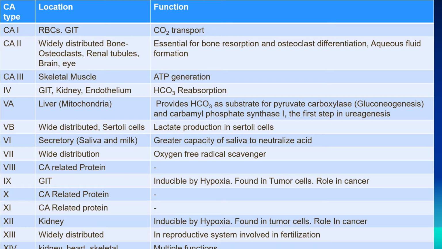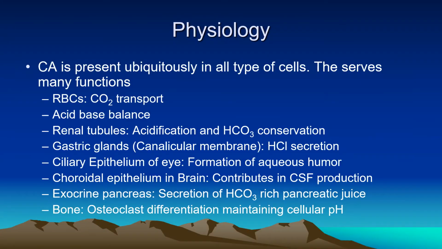Type 13 is again widely distributed, and it may be involved in reproductive system for fertilization. Type 14 is located in kidney, heart and skeletal muscle, and serves multiple functions. Mind you, all types have one common function, that is catalytic hydration and dehydration of the carbon dioxide.